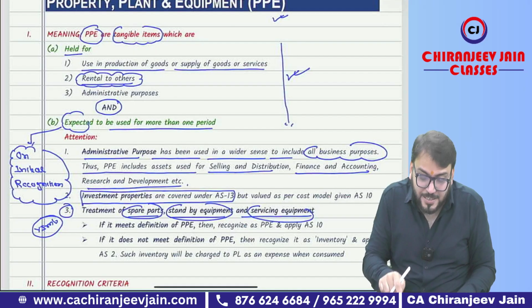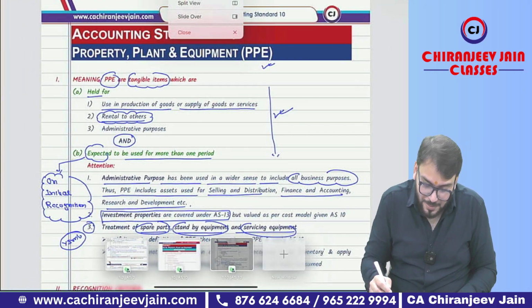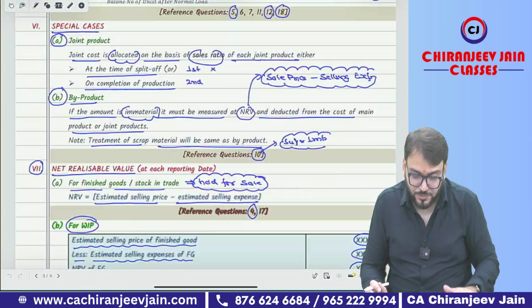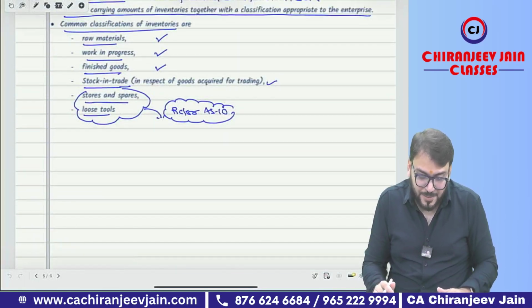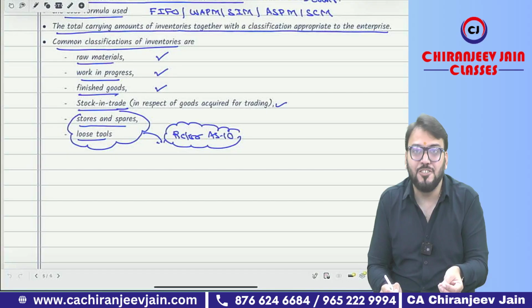Understood? And because of that reason, when we have done AS2, you remember? When I said classification, in the classification of inventory, there was store and spare and loose tools. Loose tools means servicing equipment.